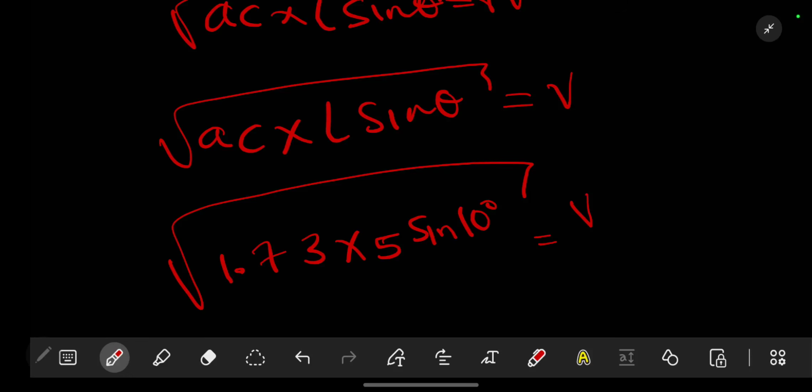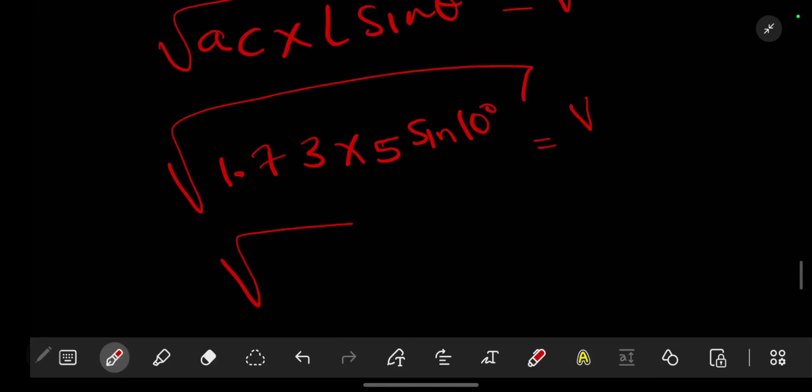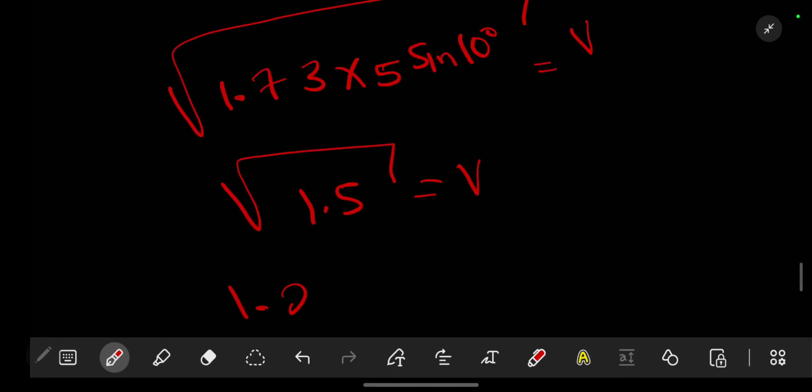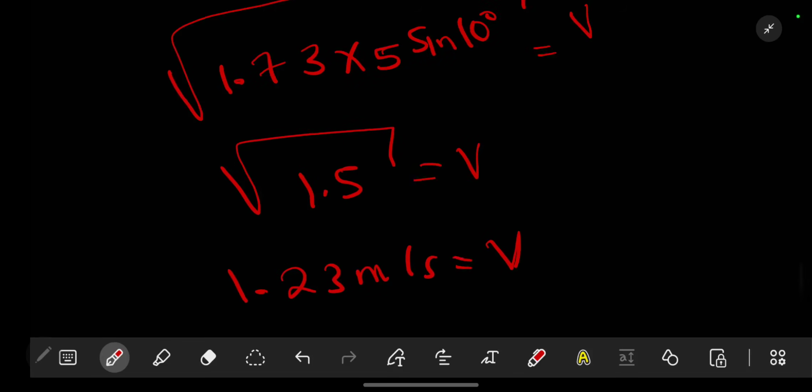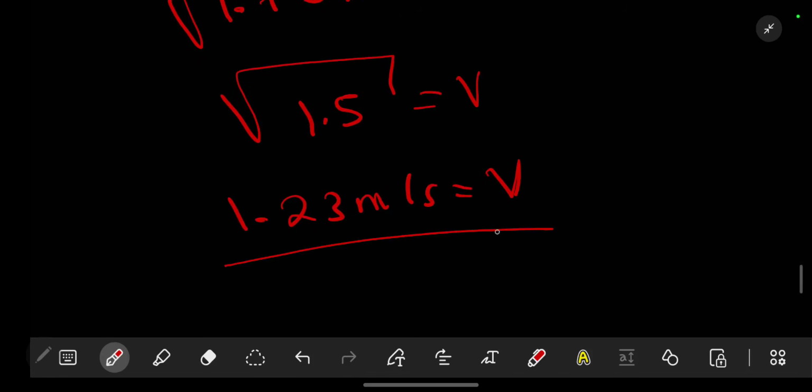This gives us a value equivalent to 1.5. So we have the root of 1.5 should be equal to v. We find the square root of this, it gives us 1.23 meters per second as our velocity. So this is basically what our velocity is equal to.